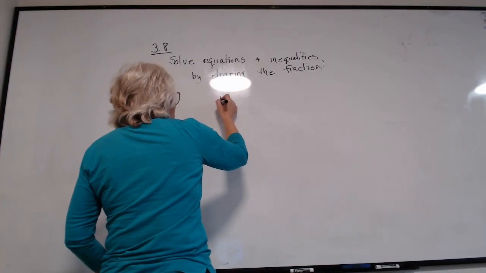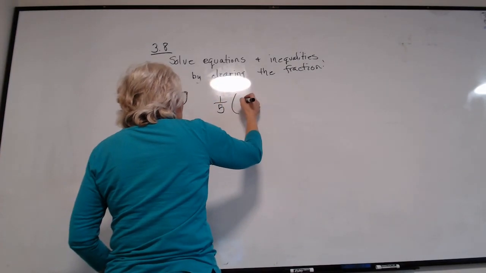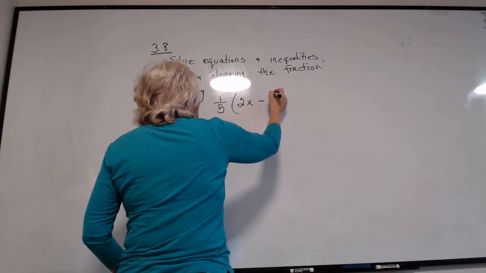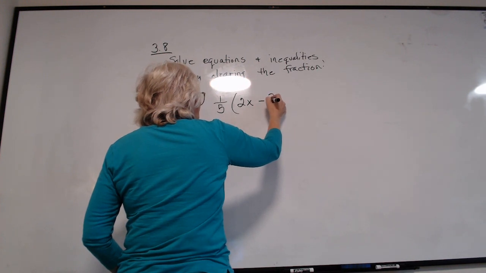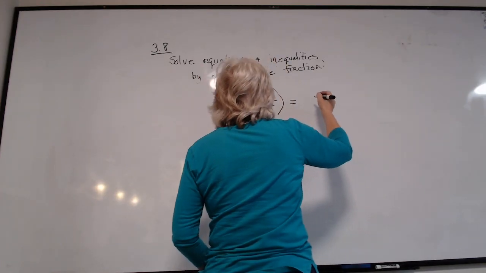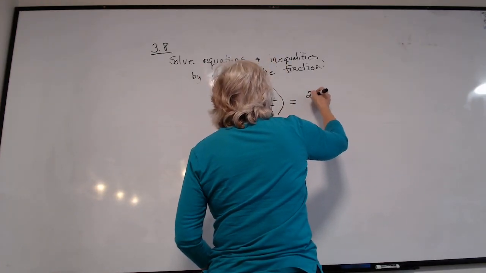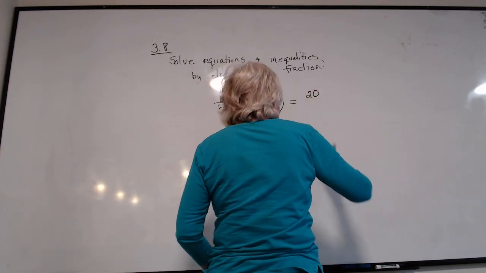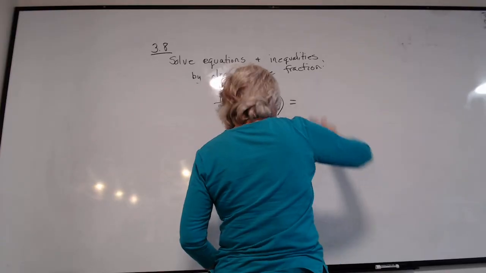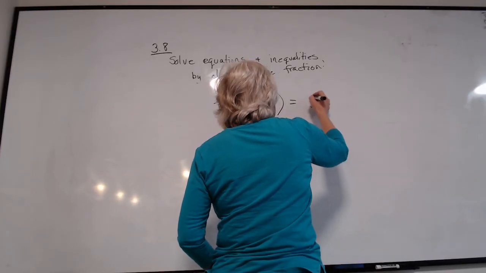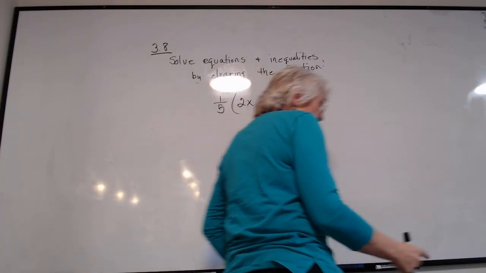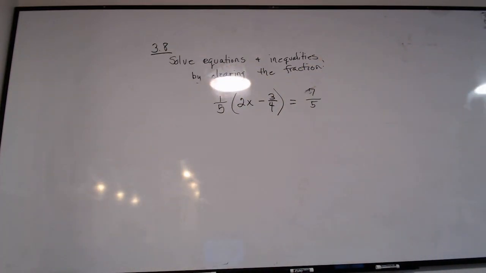We're going to take 1/5 times 2x minus 3/4 equals 7/5. I don't know, I just make these up. You never know what we're gonna get, okay?